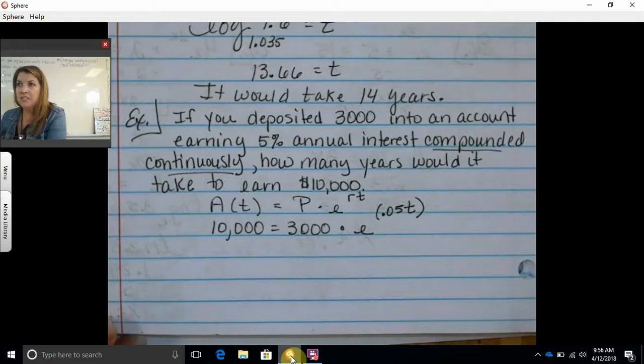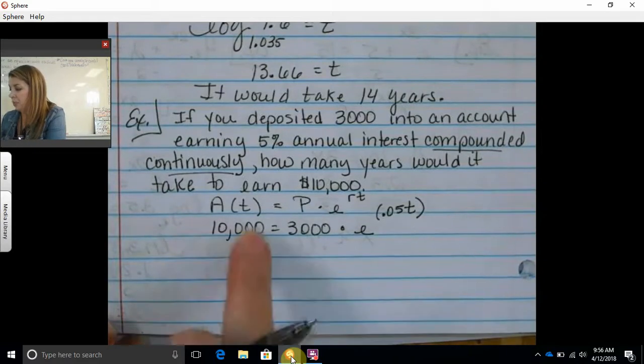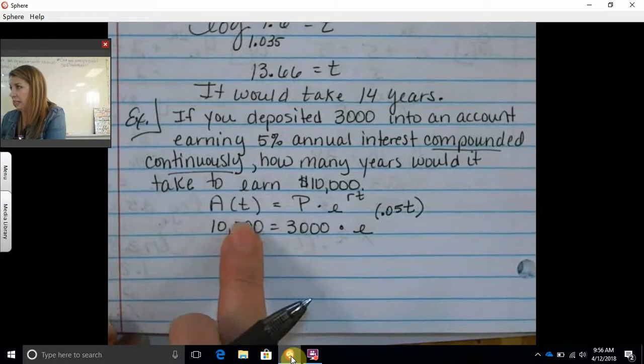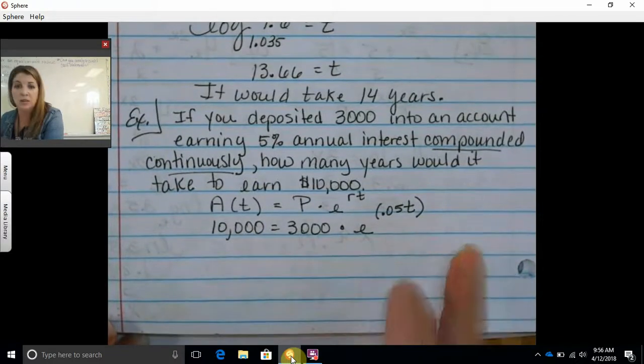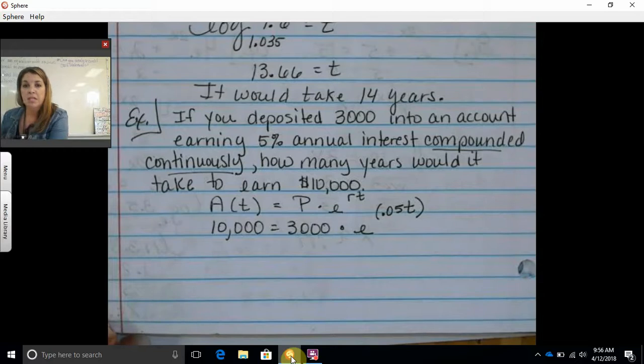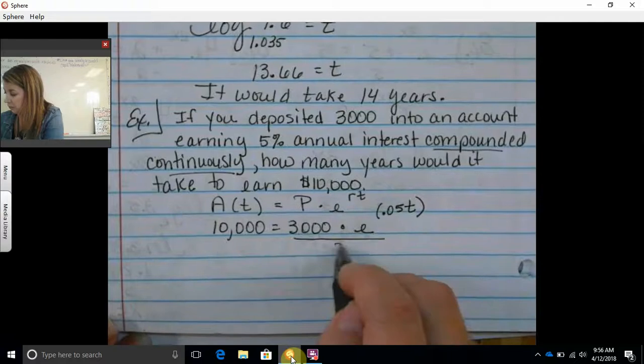Now I could use guess and check, or I could plug the equation into my calculator. You'd put 10,000 in there, put y equals just the right side and look at the table of values, but we know how to do logarithms. So we want to get this in exponential form. What would we do? Divide both sides by 3,000.